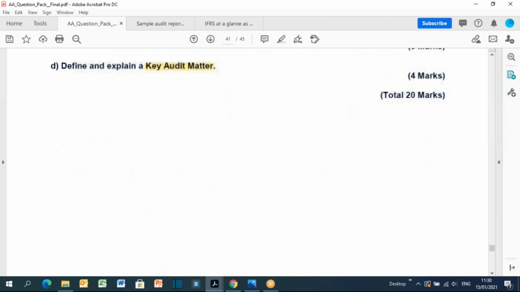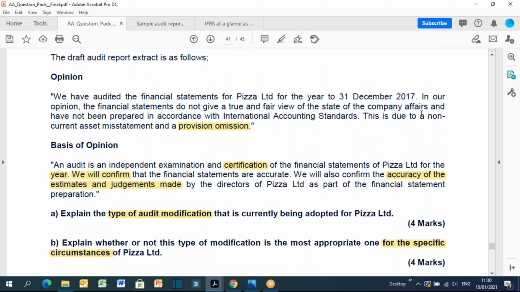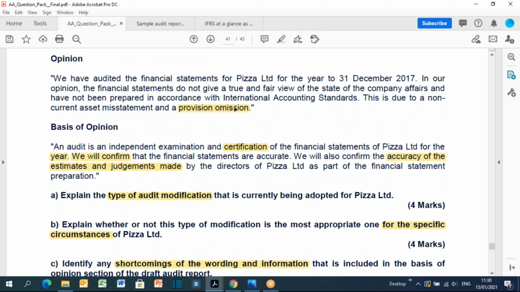So you have a question later on asking about the shortcoming of the wording and information. And when reading the case scenario, you should also see that this bit in here should not be in here. This should be part of the explanation of the opinion. In the opinion, you just give the opinion that you think is necessary. In this case, what type of opinion is given?